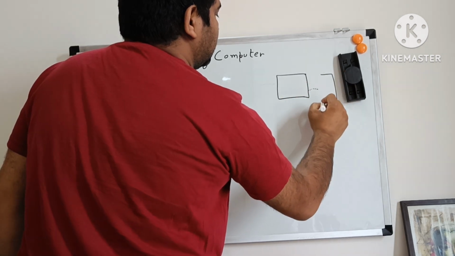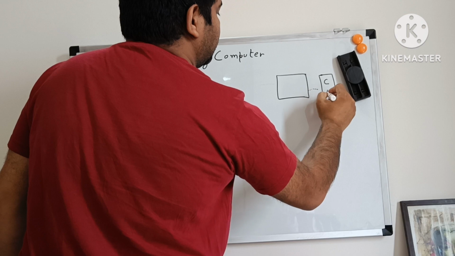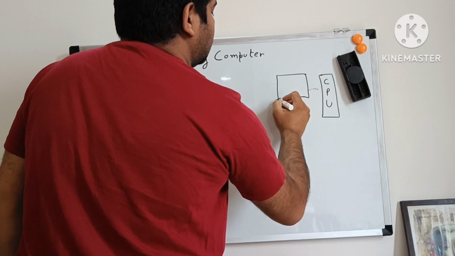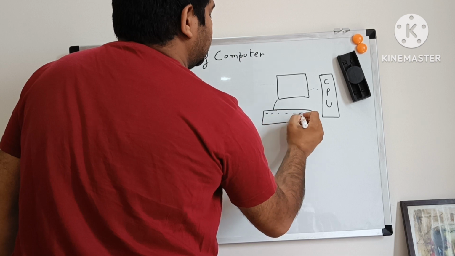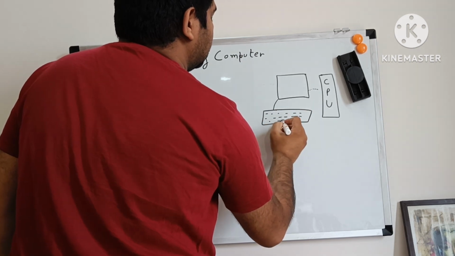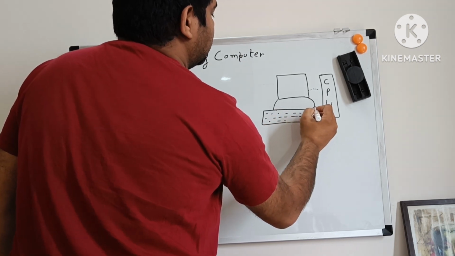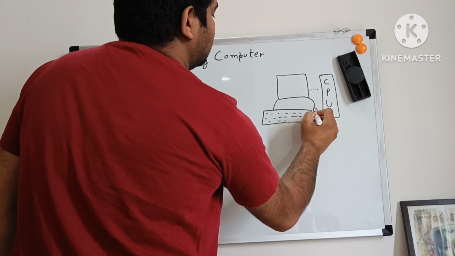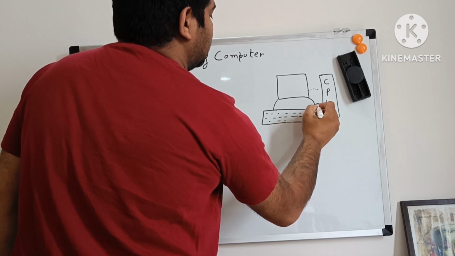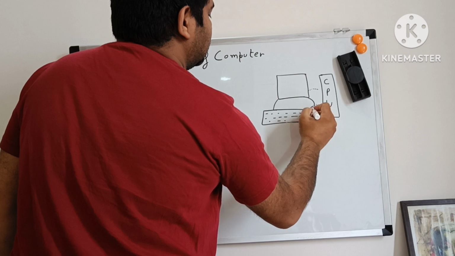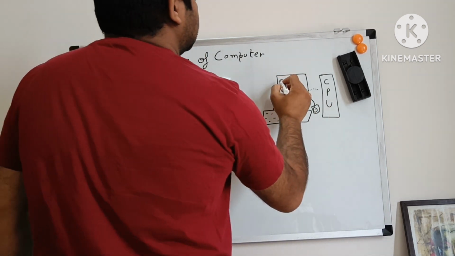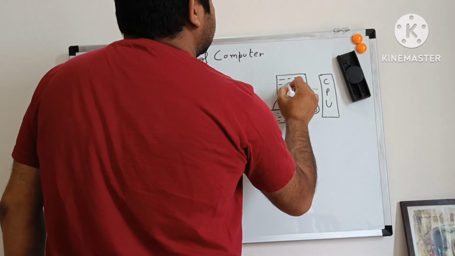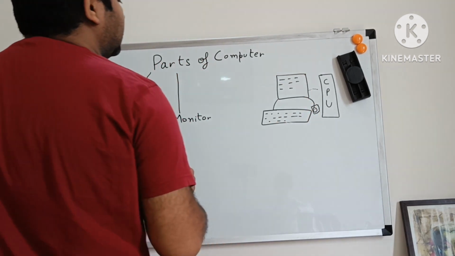This is a CPU. This is the keyboard. So many keys are there. And here is the mouse. It is kept on the mouse pad. This is the screen. Whatever you write, it will come and you can see it here.